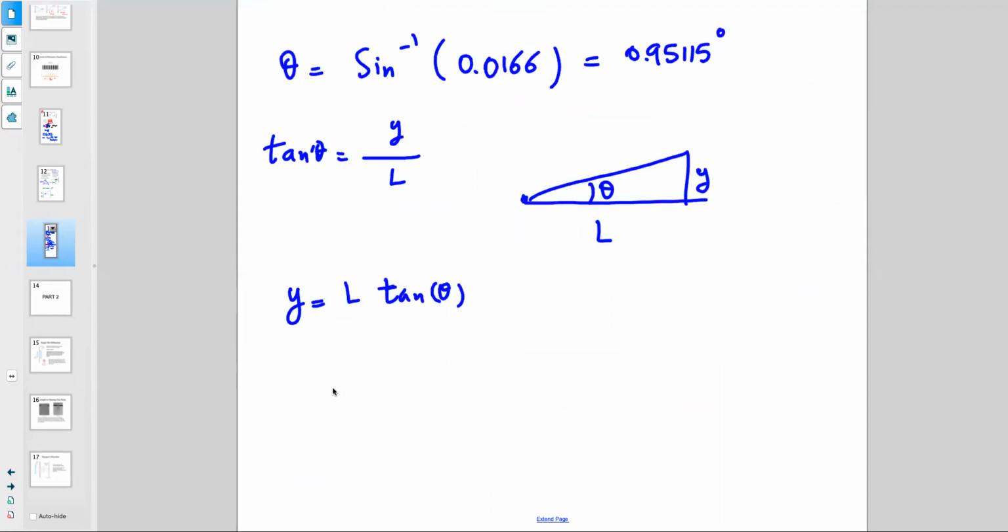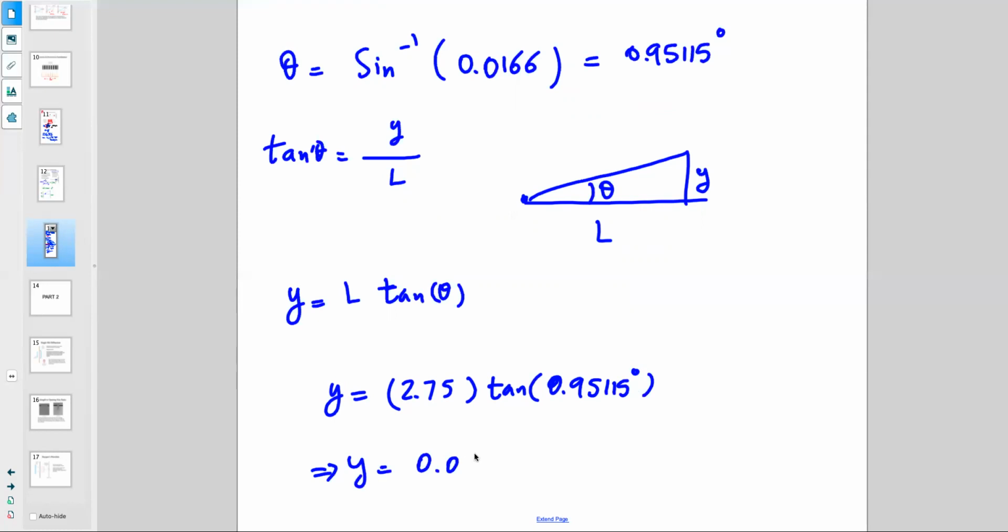So y is 2.75, which was the distance, or this L, times tan of 0.95115 degrees. So we ended up having y equal to, if you put this in your calculator, I've already done that, 0.0457 meters. So that's the final answer.